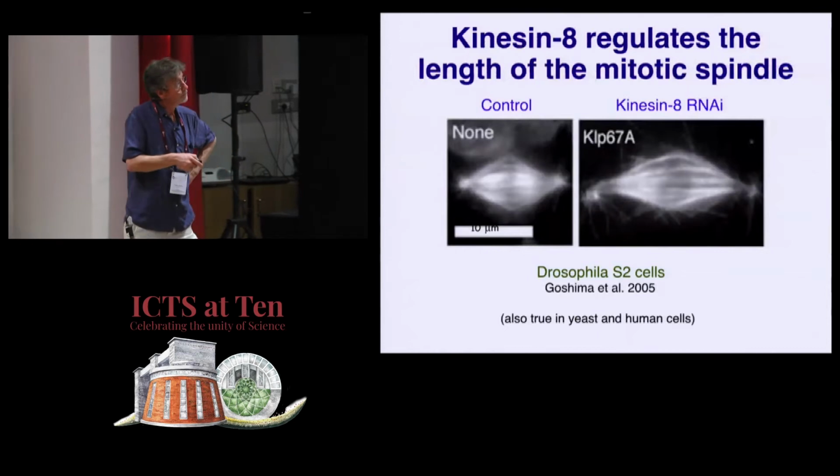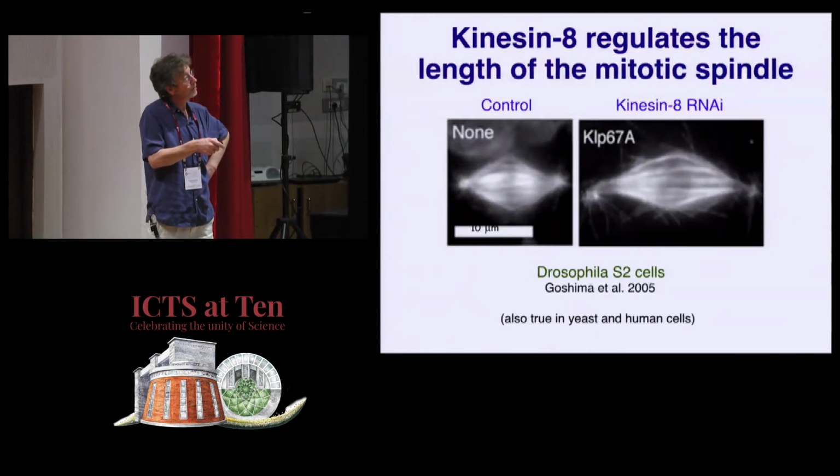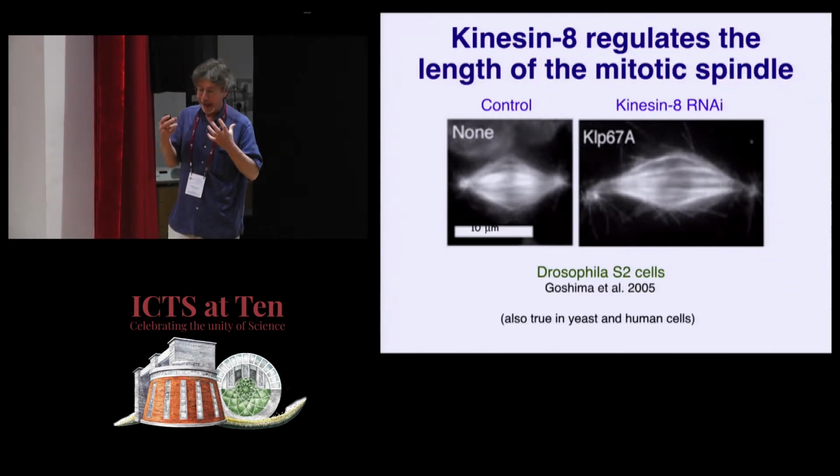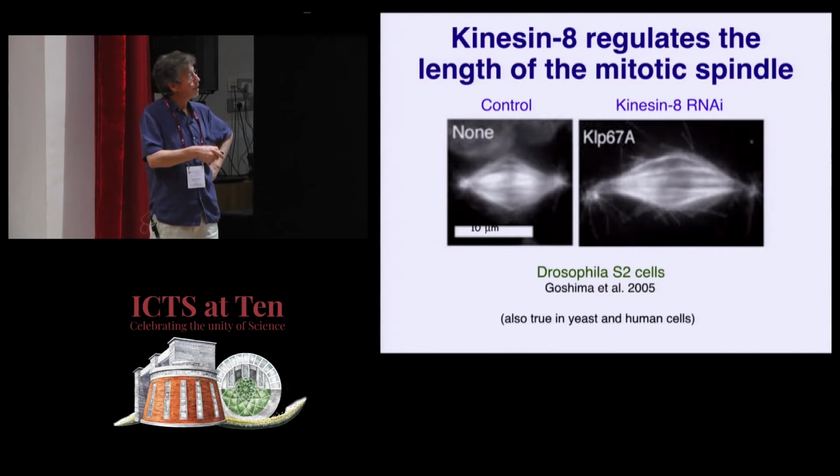Now, the cell biologists had shown that this kinesin 8 regulates the length of the mitotic spindle, and the standard assay for that is that here, for example, is a cell in the fruit fly Drosophila, and it has a mitotic spindle of a certain size, about 10 microns.